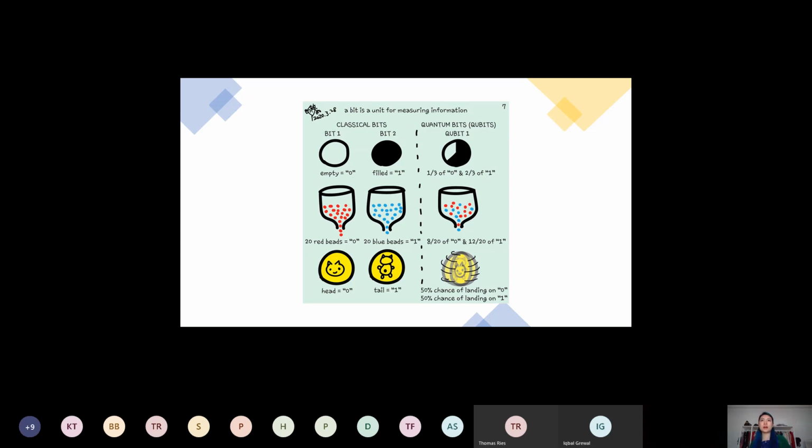But a qubit could have this combined phase where you can represent a circle with 1/3 of 0 and 2/3 of 1. A qubit describes that kind of state.